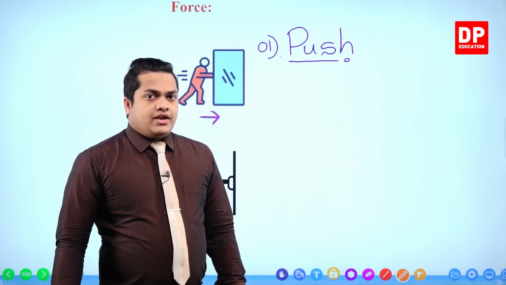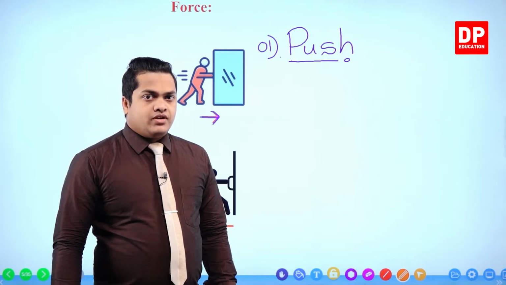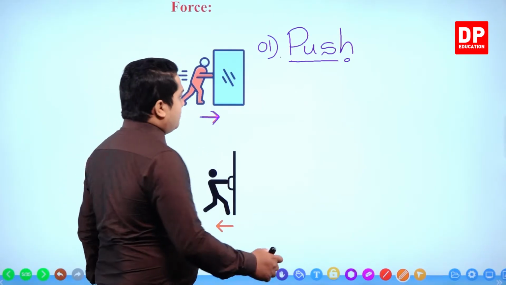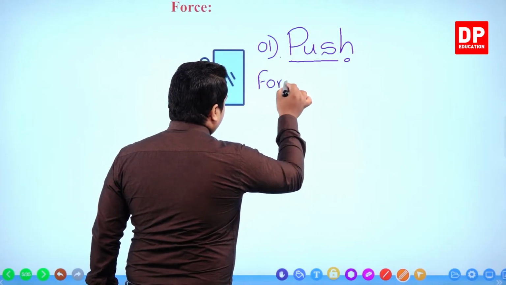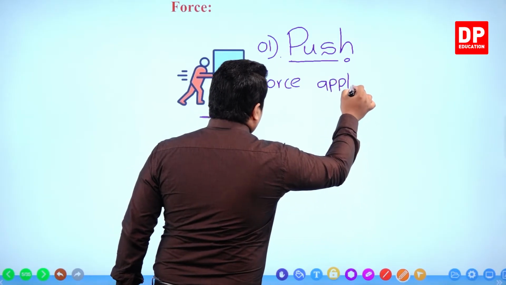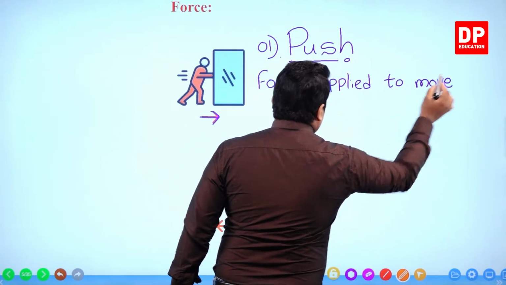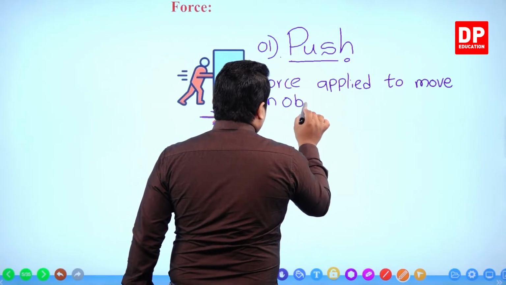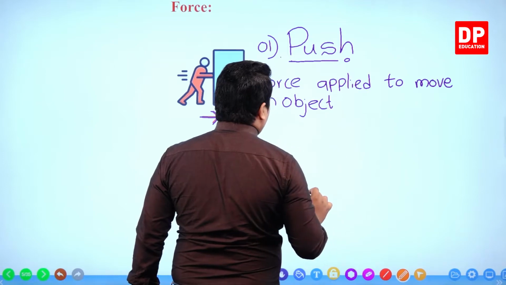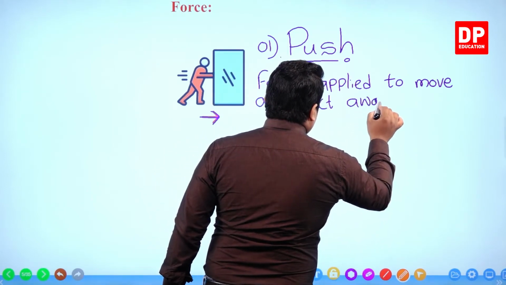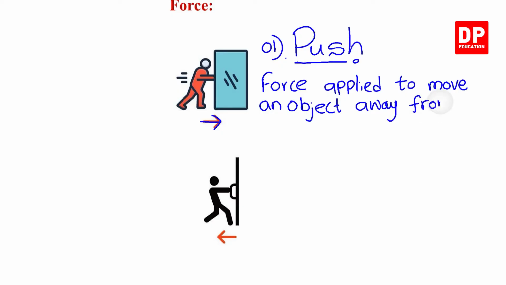So when pushes are applied, the objects are moved to a different location, away from the person, okay. So push: force applied to move an object away from the person who is applying the force.